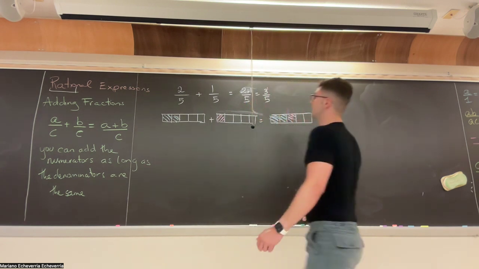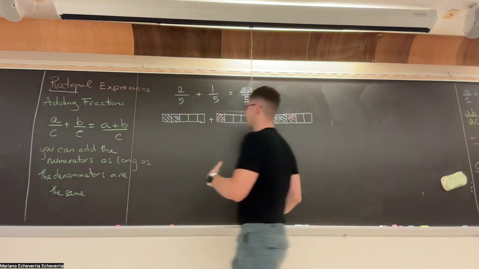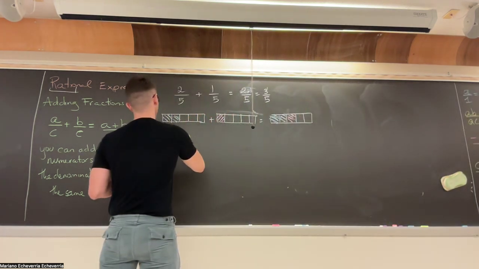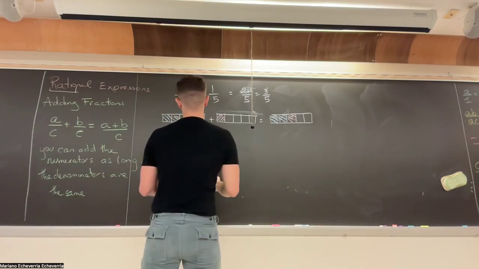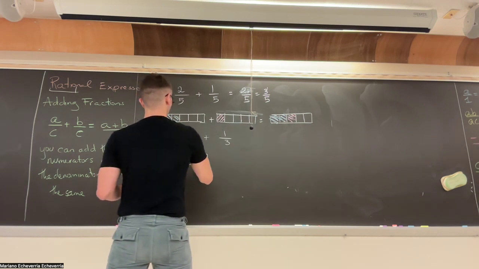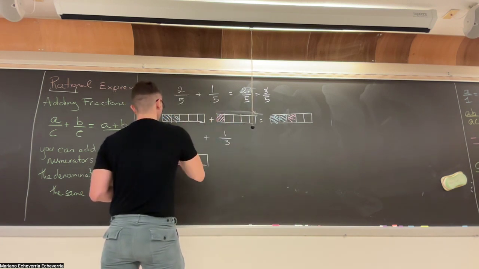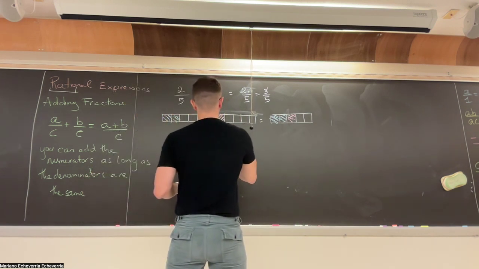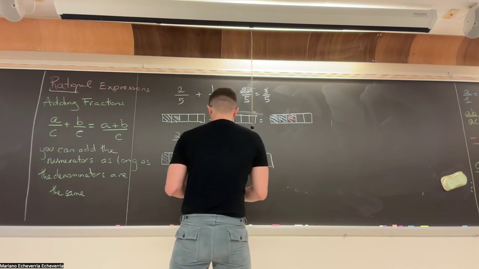That's why the property is intuitive as long as the denominator happens to be the same. For example, what happens if you do 2/3 plus 1/5? Here you have the same ruler, which you broke into 5 pieces, and the other ruler you're breaking into 3 pieces.